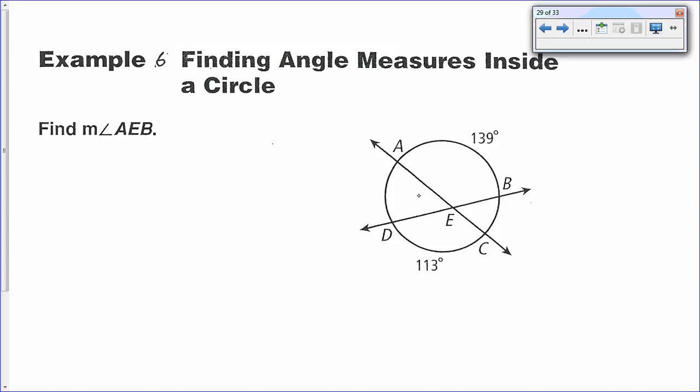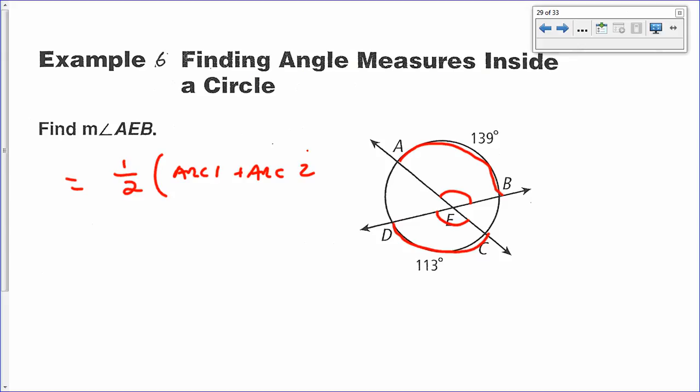All right, now we're going to do inside the circle and outside the circle angles. Angle AEB right here, that's inside the circle. It's equal to this angle, so whatever this one is, this one is. But notice how you have two intercepted arcs for those angles. You have this intercepted arc, and you have this intercepted arc. The formula for an interior angle is 1/2 the sum of the intercepted arcs, 1/2 of arc 1 plus arc 2.